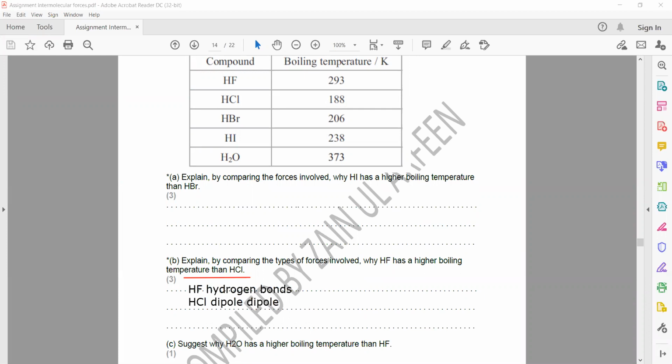The point which we will include is that fluorine is more electronegative than chlorine, so you can compare even the dipole-dipole forces as well.